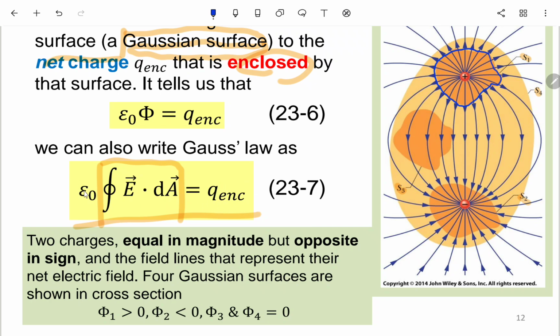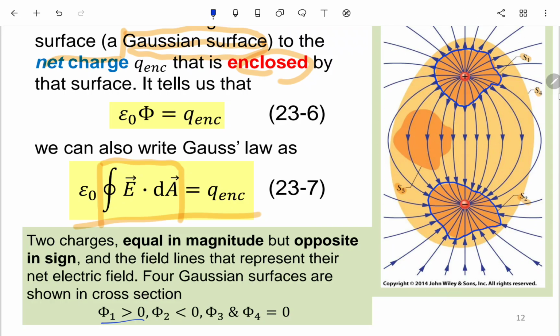This is positive, which means that this flux is also positive. So for S1, phi 1 is positive. Okay, so for the next case, S2 is this one.